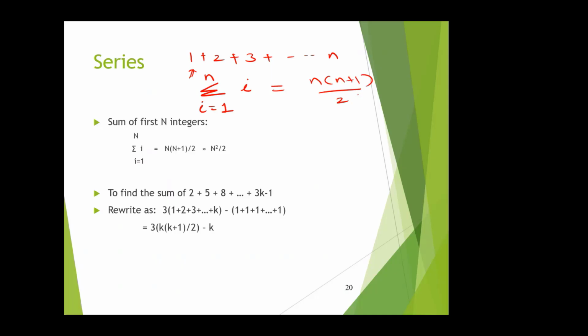Another thing is in books, they might have used capital N. So in some books it is small n, in some books it is capital N. Small n is more common, so I will mostly use small n, but you can use anything whichever you are interested. So while giving formula or giving complexity, you can as well write O of n or O of N, where n is input size. So both are correct. So in this case, I'm just giving you an example.